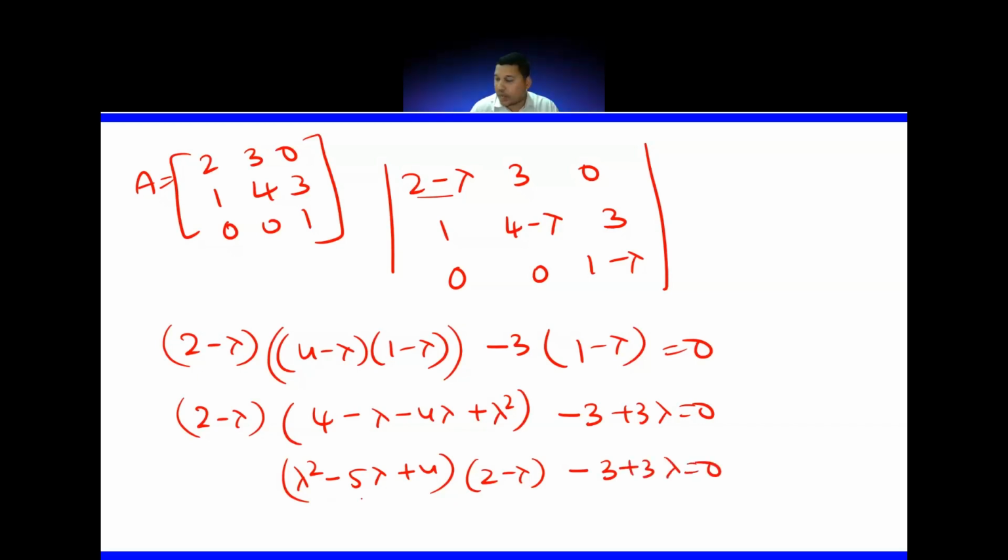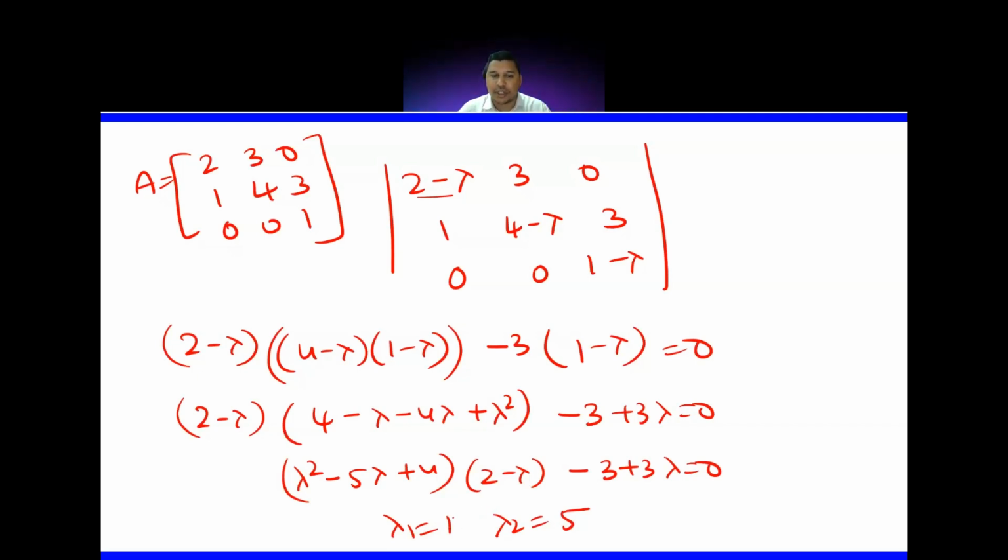If you solve it more, we get two values: lambda 1 equal to 1, lambda 2 equal to 5. We don't have a third distinct eigenvalue here because 1 is repeated.